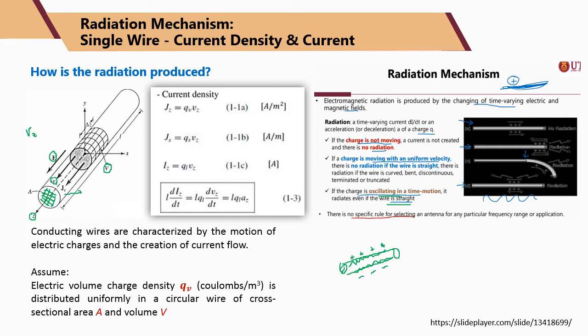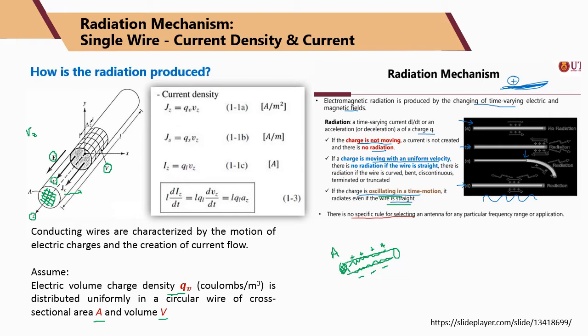So the charge is moving across the area A. Okay, so we can estimate the total current density considering the charge Q, either a volume charge or a surface charge, Qs. A is the surface area, and V, capital V, is the volume.